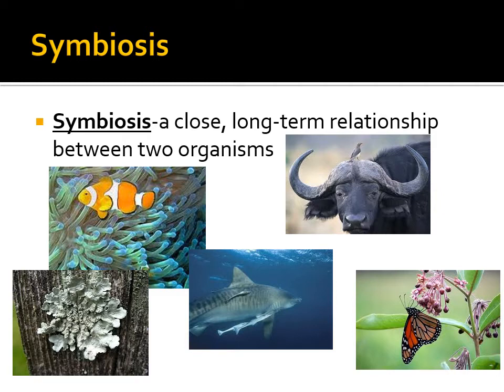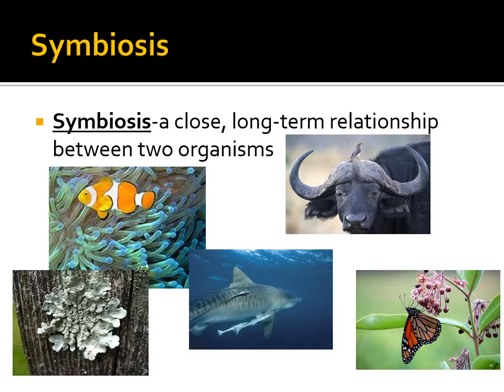It can swim along all those different tentacles, and those tentacles actually will sting other organisms that might try to eat the clownfish, but they don't sting the clownfish. The clownfish produces a special oil on its scales that allows it to swim between those tentacles without being stung, and the tentacles actually provide protection for that clownfish. On the other hand, the clownfish provides some food for the sea anemone.